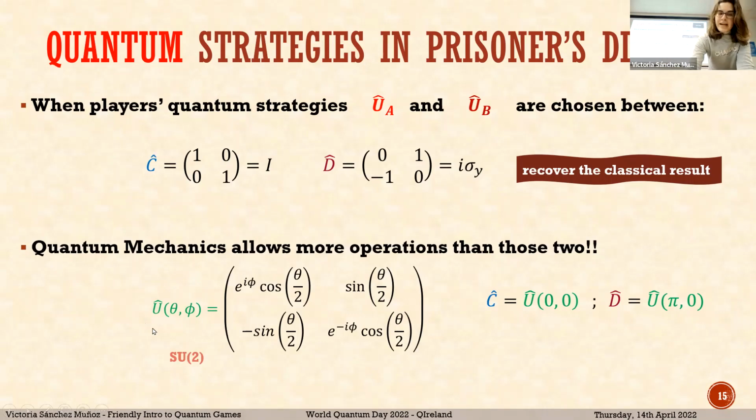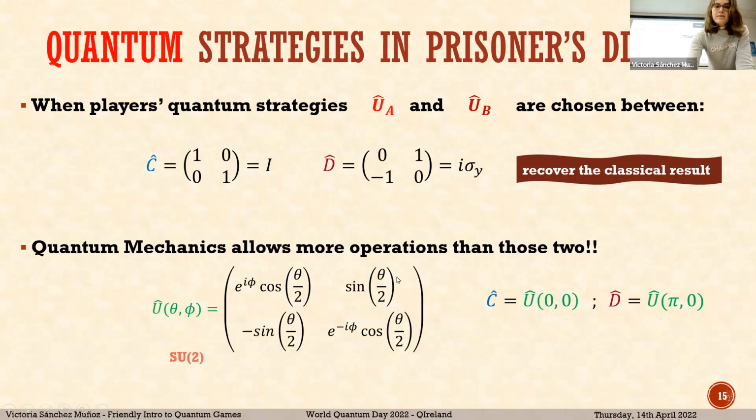Specifically, these matrices are in the group SU2, the special unitary group, meaning unitaries with determinant equal to 1. So this operation is a perfectly valid quantum operation that you can perform on a qubit. In fact, the C and the D here are just this U with two specific angles. So those two are just a special case of this.